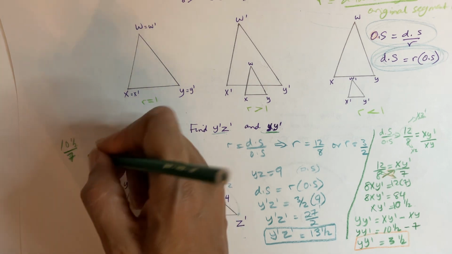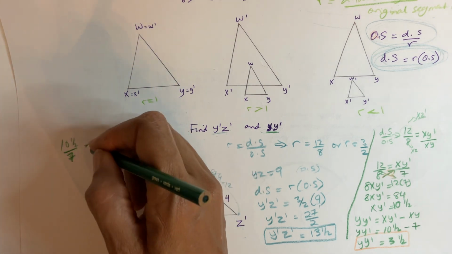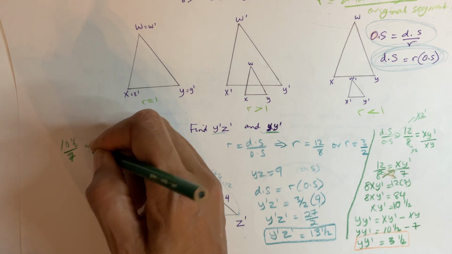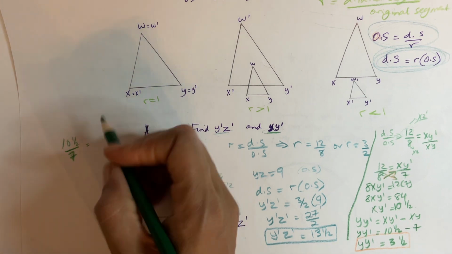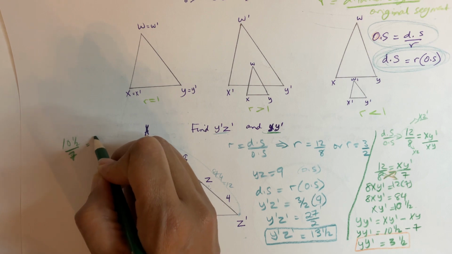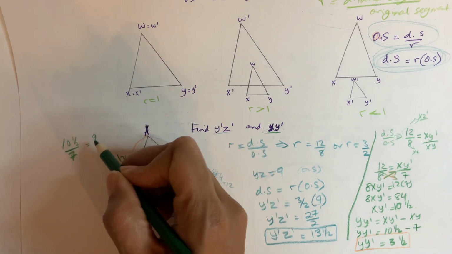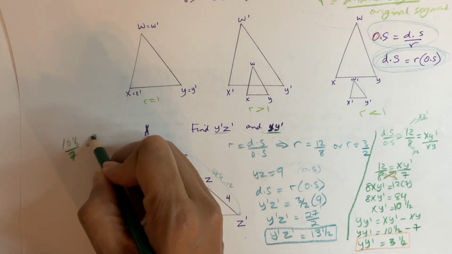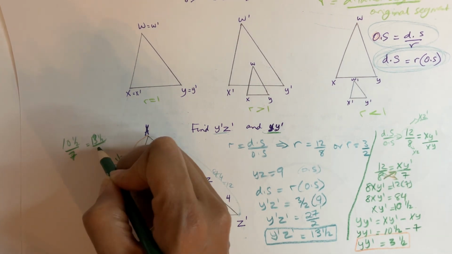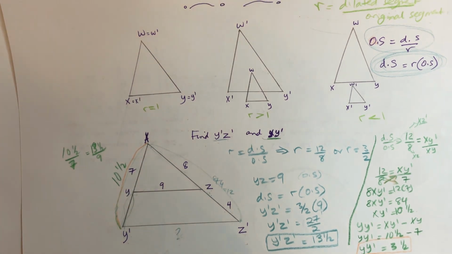Okay, and set it equal to any one of these. You could choose your 9 over 13.5. All right, your dilated here will be the 13.5 on top. 13.5 over 9, and cross multiply.